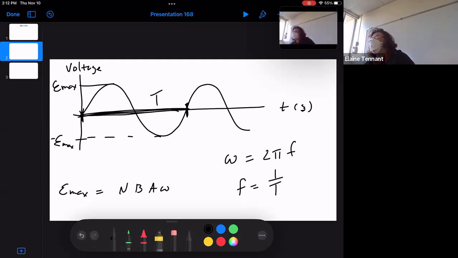Sound okay? And so the frequency is literally like how frequent something is. If it takes 2 seconds to complete 1 pattern, that means the pattern will repeat at a frequency of 1 over 2 seconds, which you measure in hertz. And then sometimes, just because it seems to come up a lot, we deal with this thing called angular frequency.